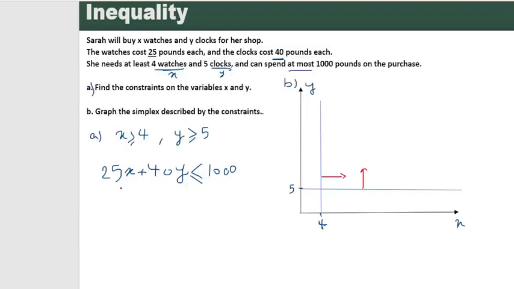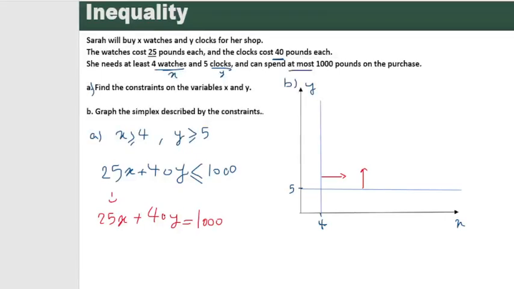Now I go for the third constraint. I try to make it a line: 25x plus 40y equals 1000.